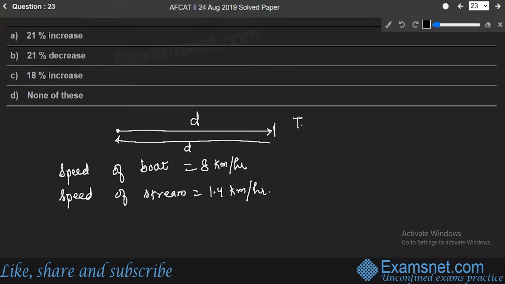So see, this is the time taken in the first case, and this is the time taken in the second case. Let's see the time taken when he's going to some point. This is t1. In that case, first of all, what will be the time you have to calculate?